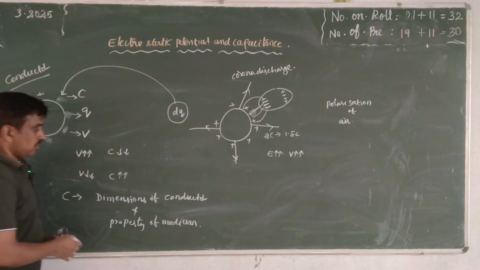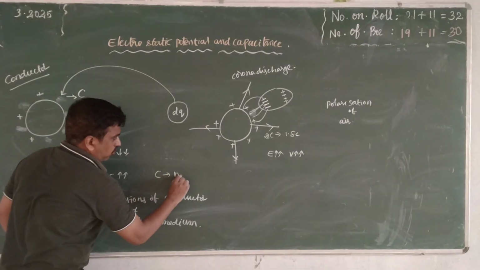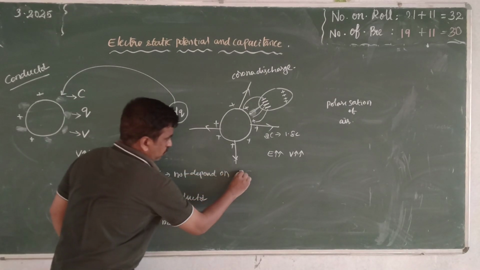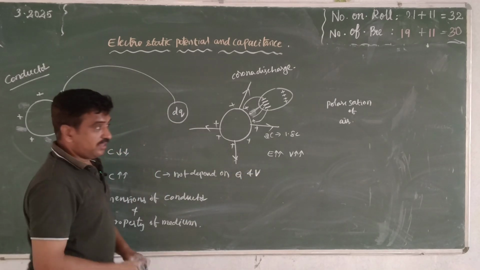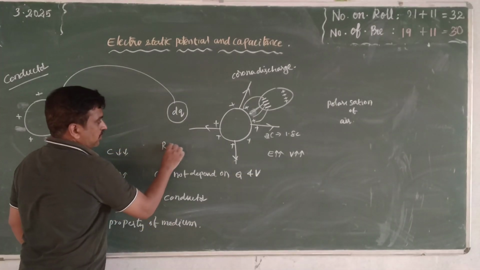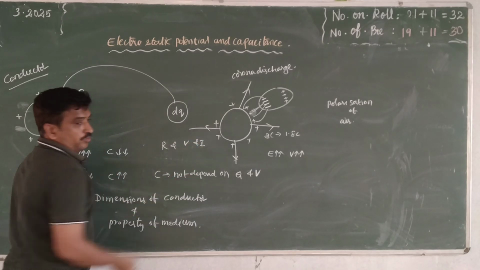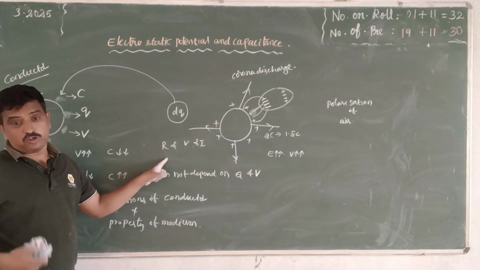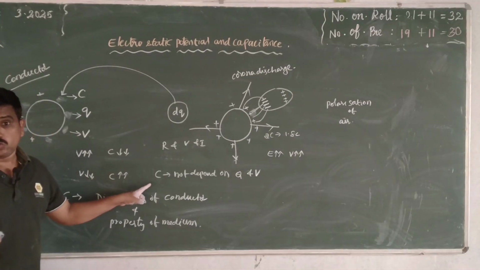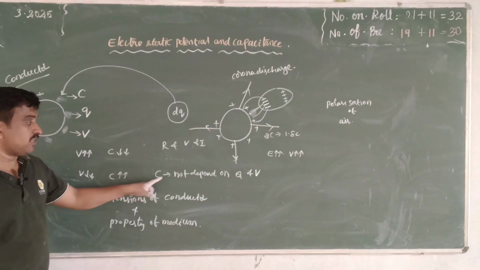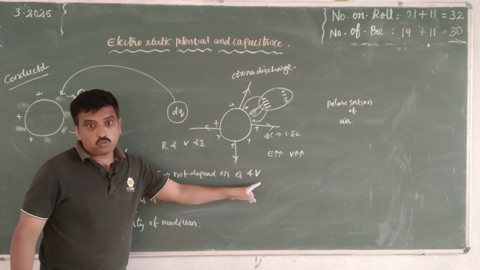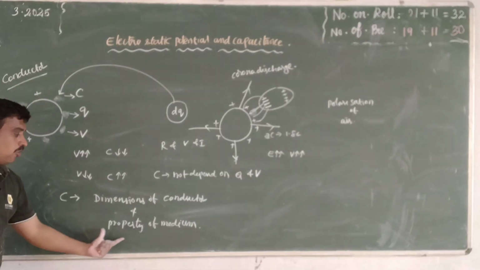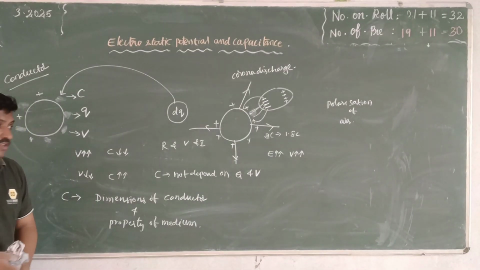C does not depend on Q and V, just like resistance does not depend on V and I. Resistance is a defined quantity for a particular conductor, and like that, capacitance is also a defined quantity for a particular conductor. It does not depend upon charge and voltage. It only depends on the dimensions of the conductor and the property of the medium.